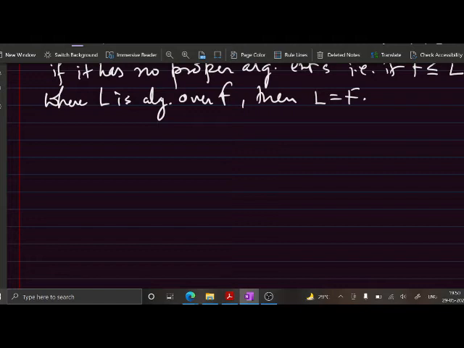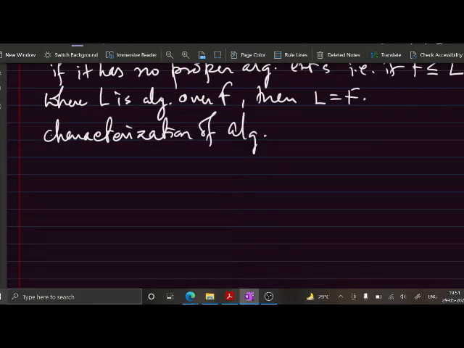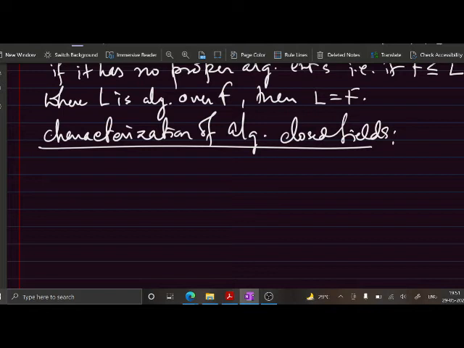Then we can prove, using this definition, the characterization of algebraically closed fields. So you can characterize these fields using these statements, that is, the following are equivalent.